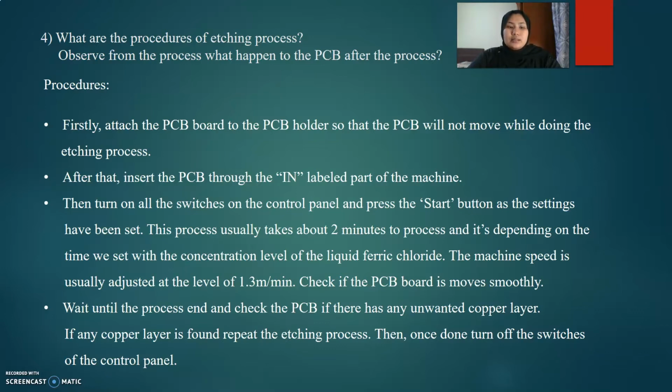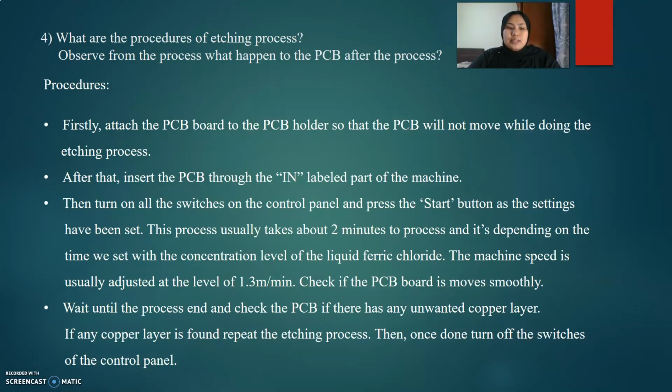Then turn on all the switches on the control panel and press the start button as the settings have been set. This process usually takes about 2 minutes, depending on the time we set and the concentration level of the liquid ferric chloride.